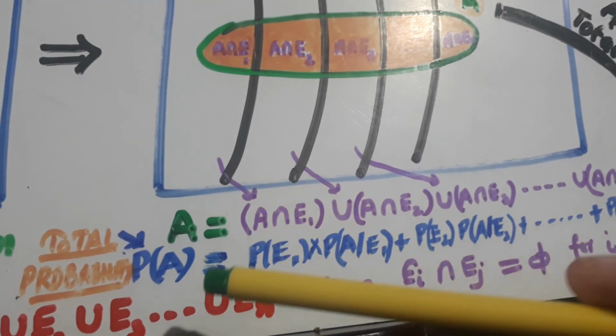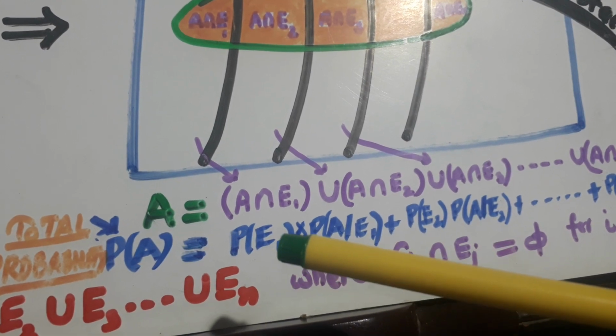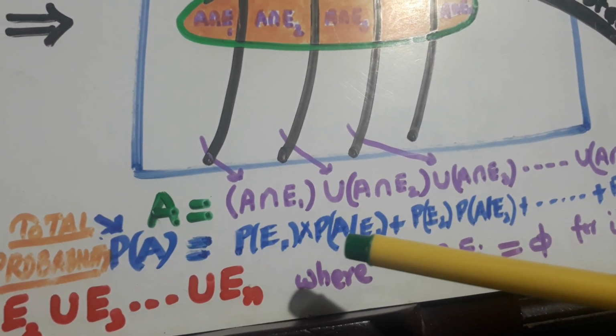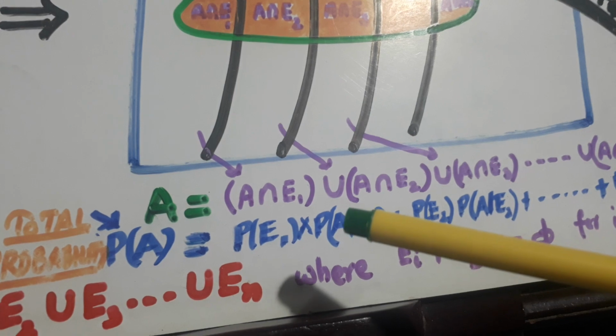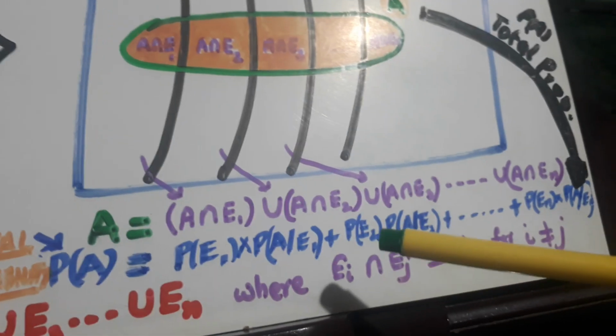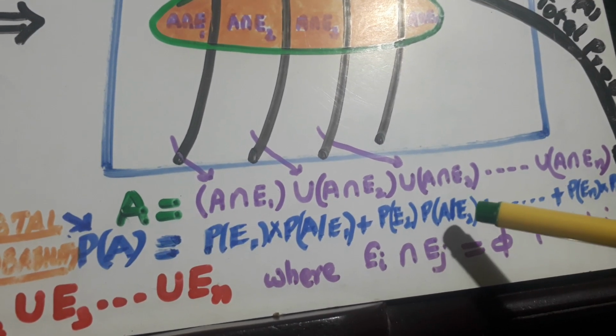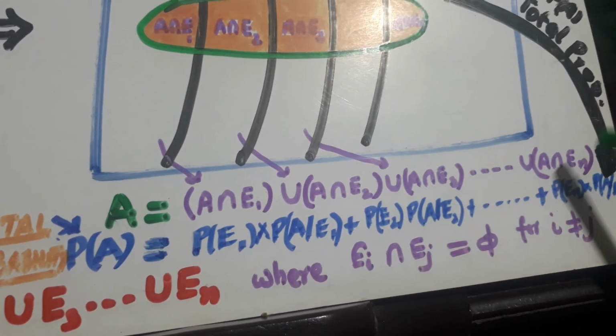So probability of A will be probability of E1 multiplied with probability of A when E1 has already occurred, plus probability of E2 into probability of A when E2 has already occurred.